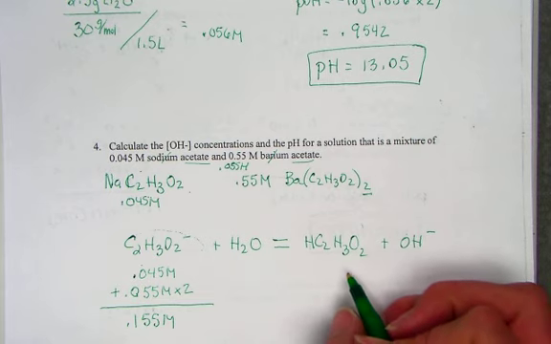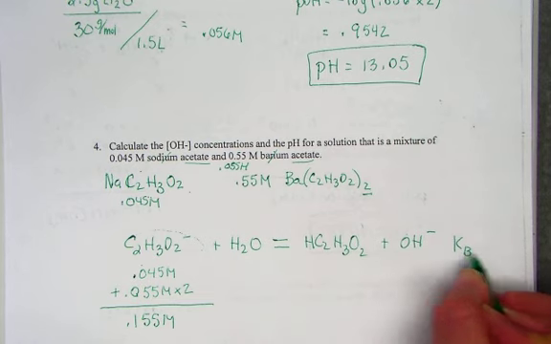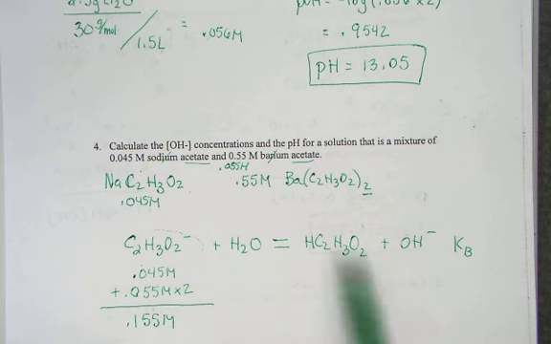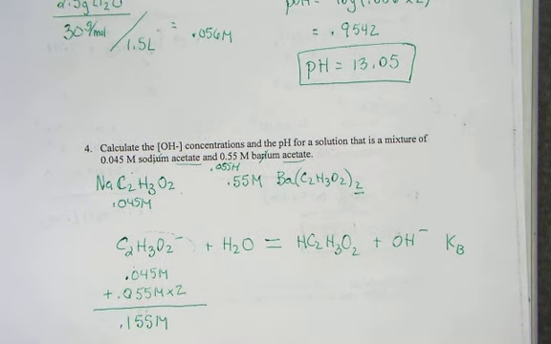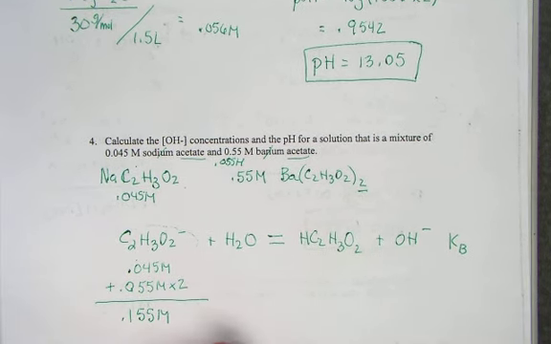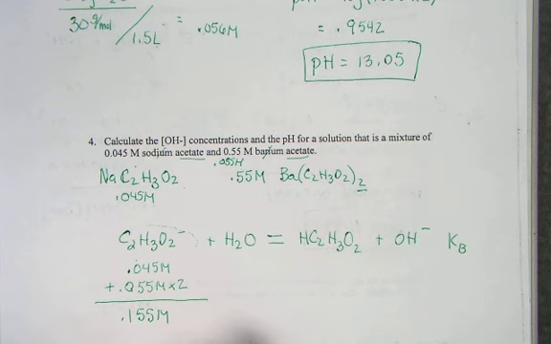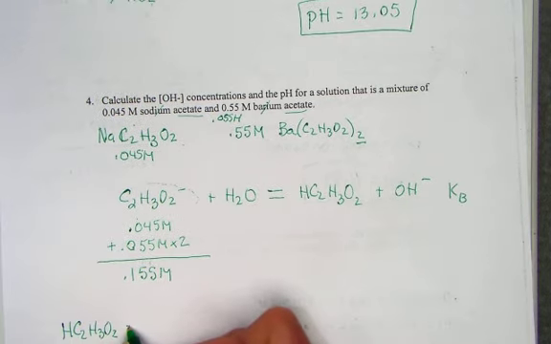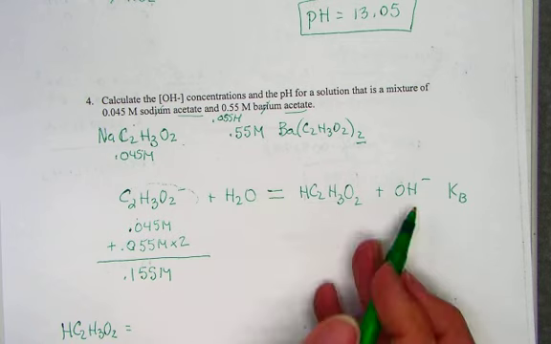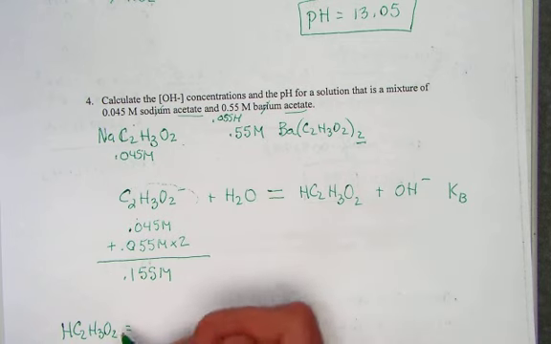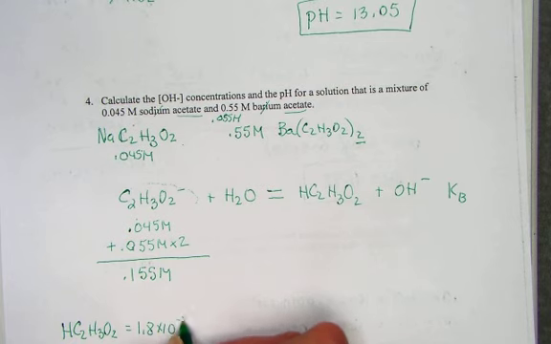We also need to consider a Kb value for this expression. The acetate created a basic solution. I have to find the value of a Ka for acetic acid and convert it into a Kb for the expression that we've written. I know that acetic acid has a value of 1.8 times 10 to the negative fifth for its Ka value.